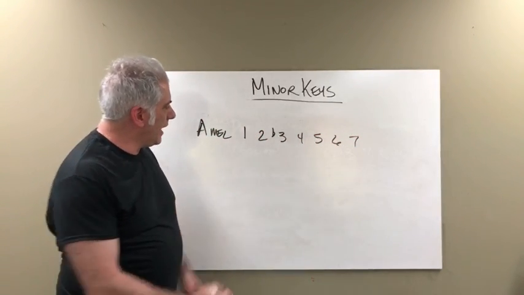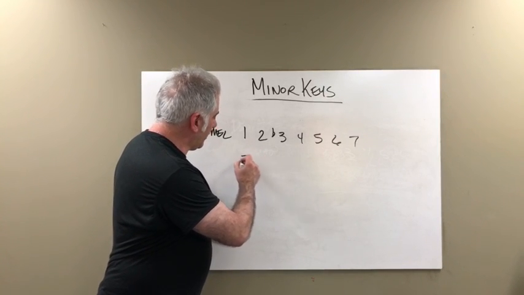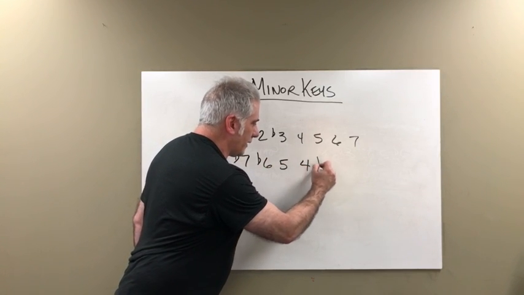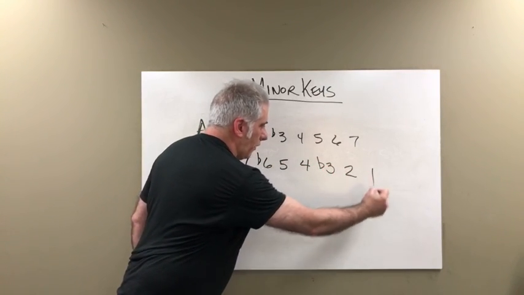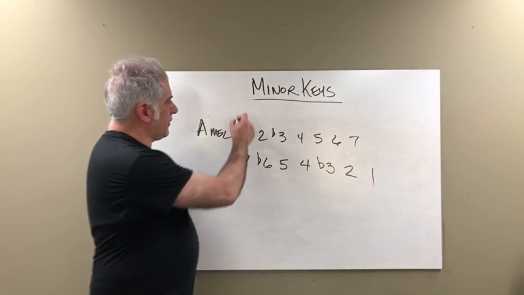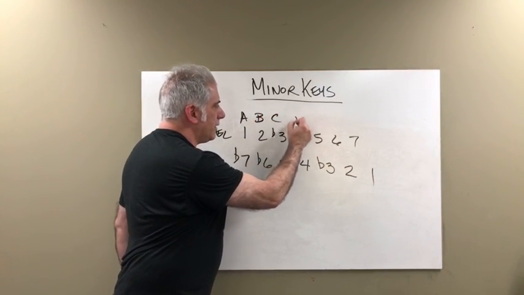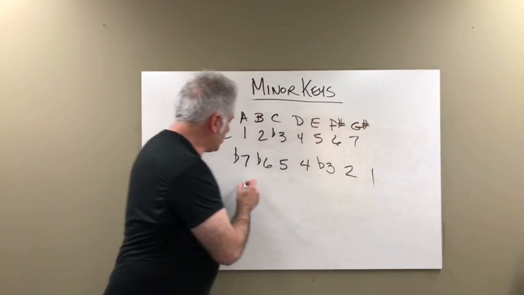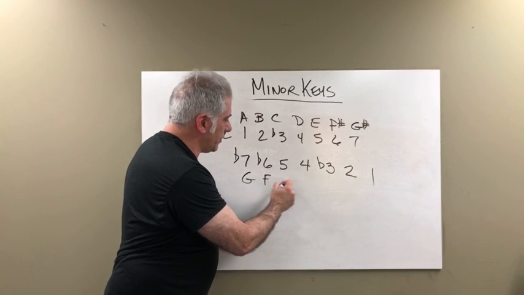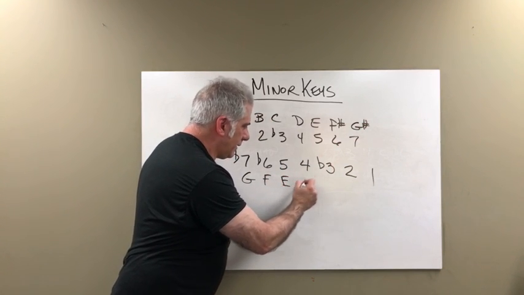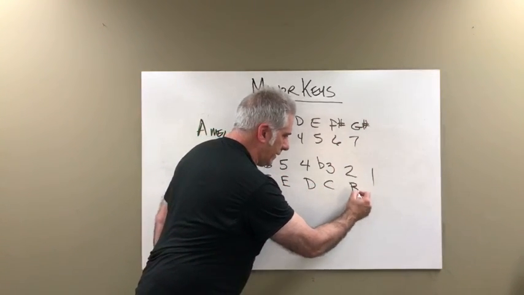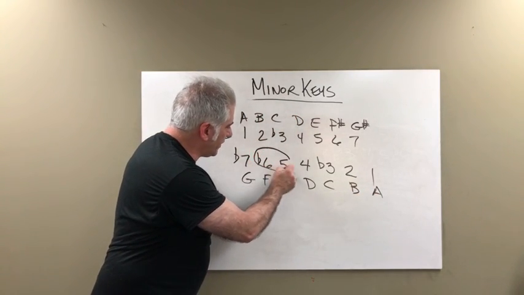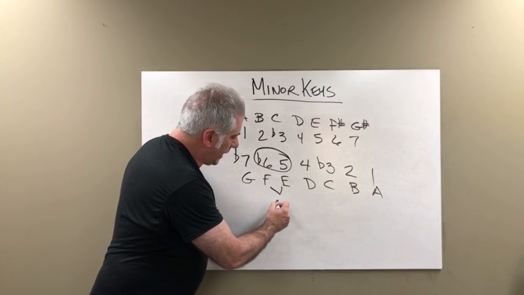But descending, you have flat 7, flat 6, 5, 4, flat 3, 2, 1. So it'd be the notes A, B, C, D, E, F sharp, G sharp, G natural, F natural, E, D, C, B, A. This flat 6 moves down because you get that half step there, a minor second interval.